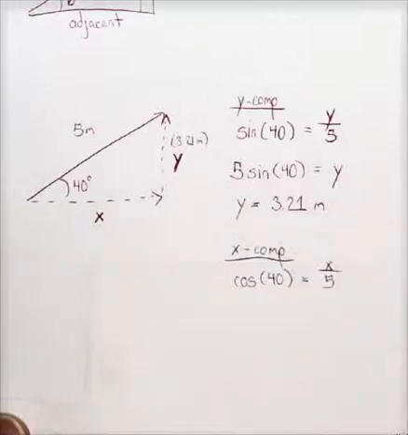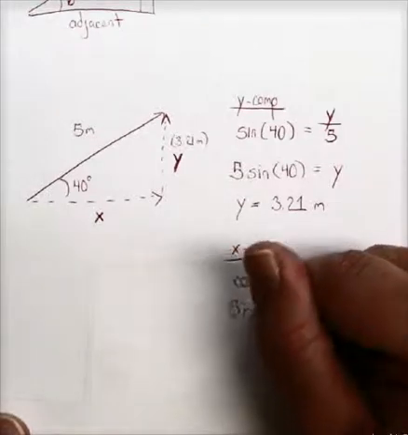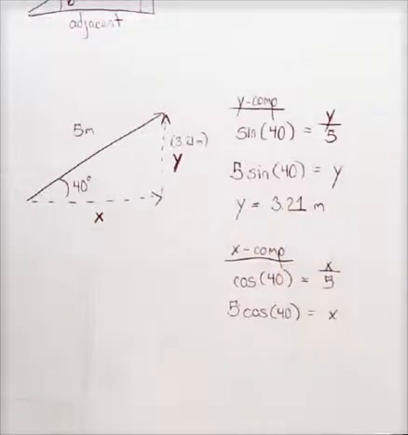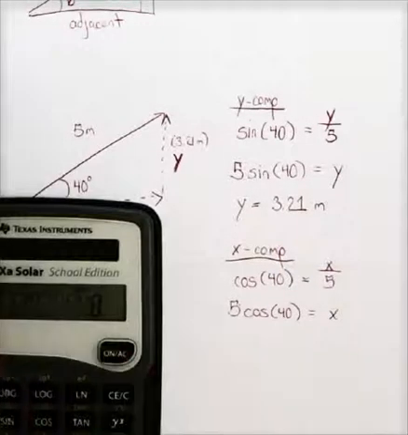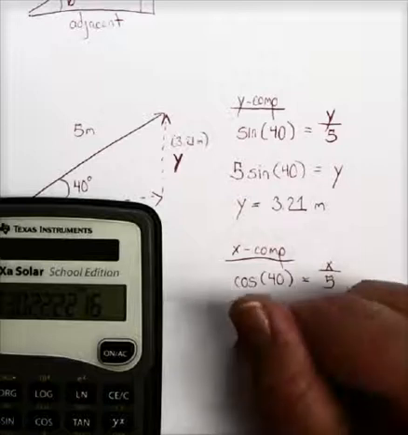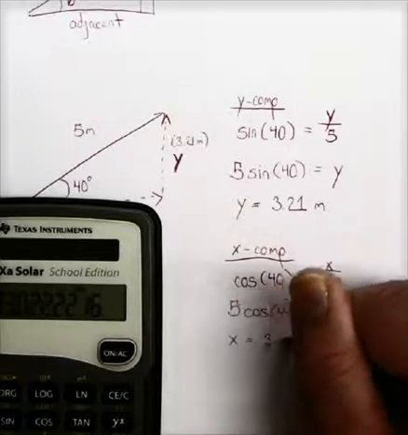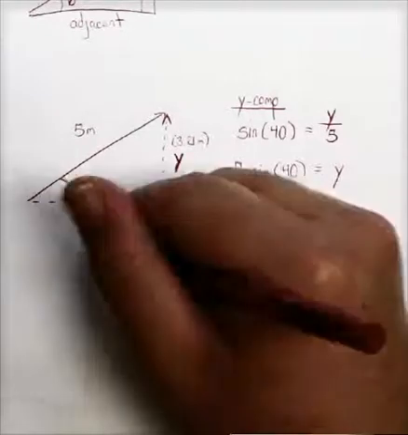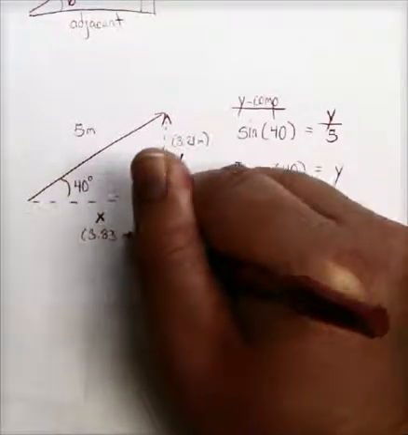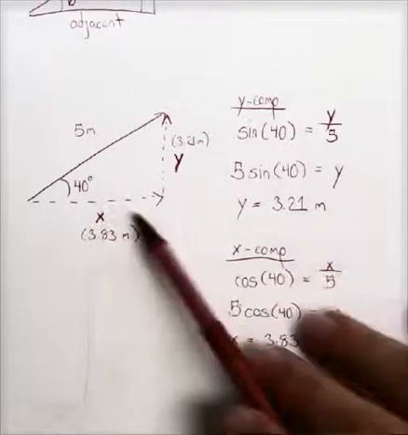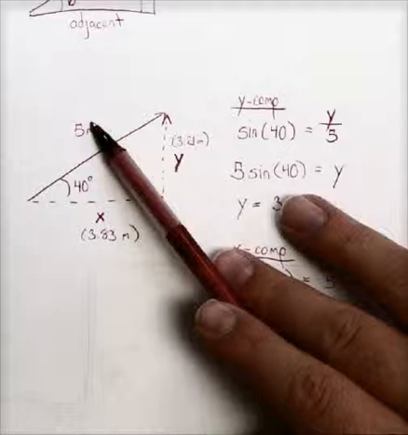Just as before, multiply both sides by 5, and 5 times the cosine of 40 will give me that value. So I take 5 times the cosine of 40, and I find that the x component is 3.83, and this is a length, so it's meters. 3.83 meters.